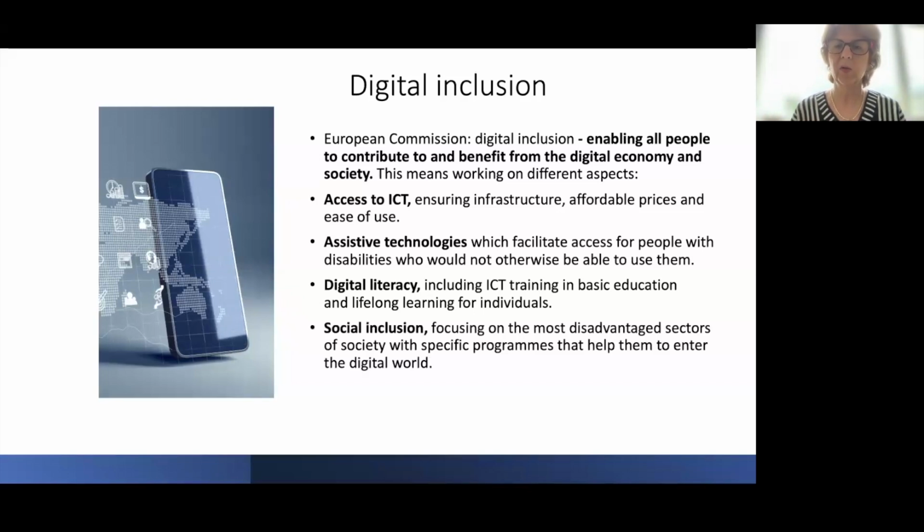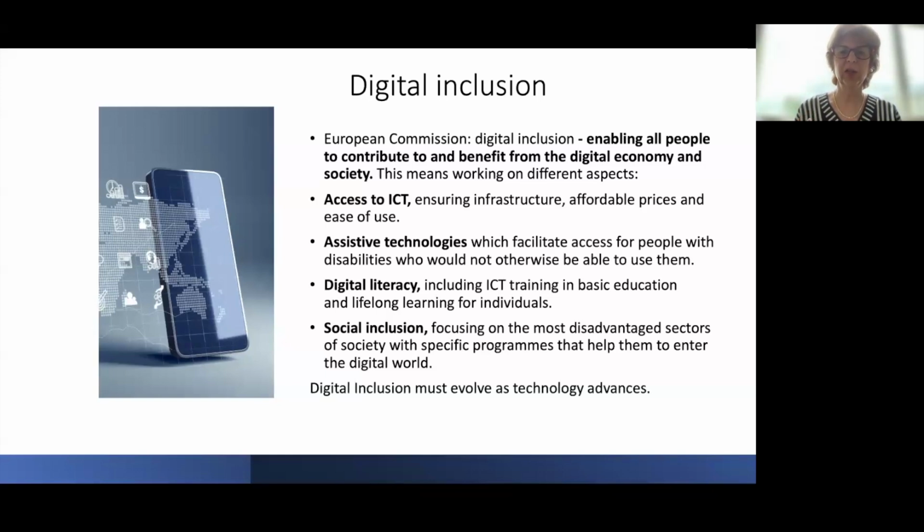And then finally, social inclusion, focusing on the most disadvantaged sectors of society with specific programs that help them enter the digital world, right? Not everybody from all the different social contexts has access to these technologies or has the digital literacy to benefit from this digital revolution that we are in at the moment, right?